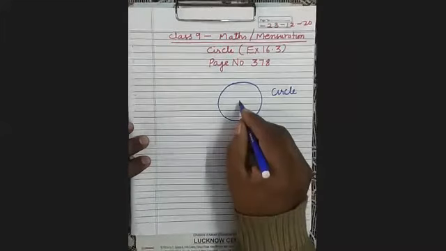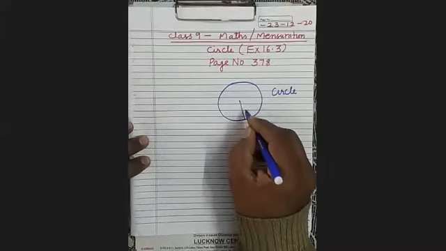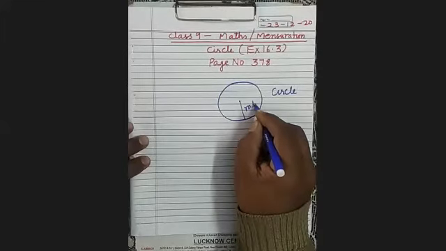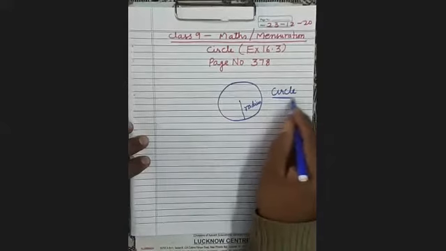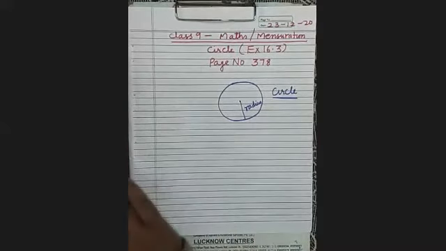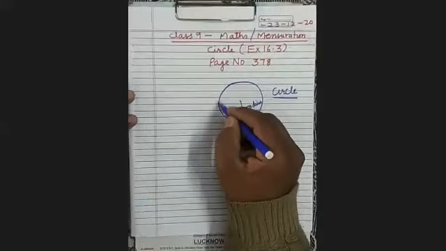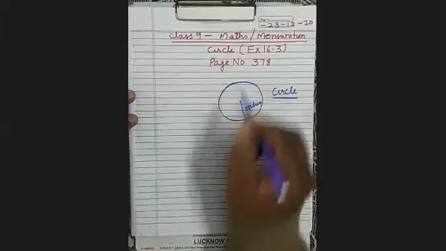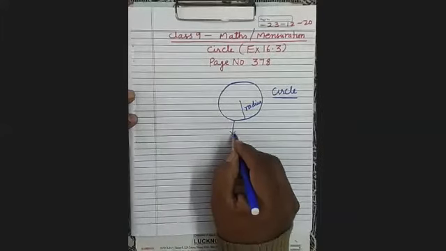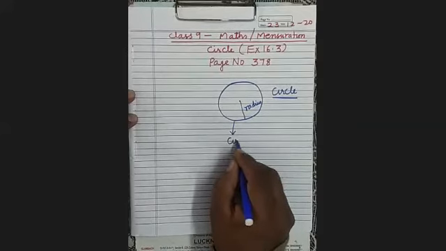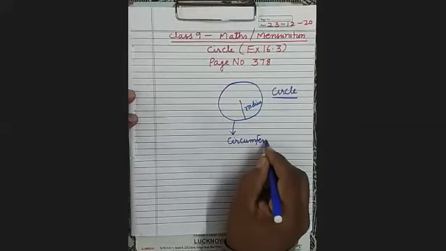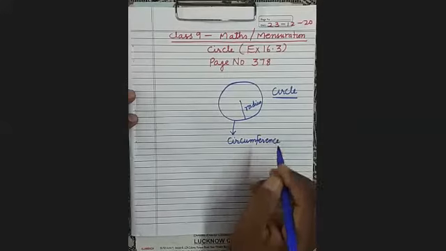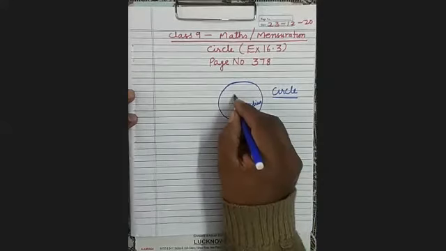And this is called the radius. This diagram, this plane figure is called the circle. Now see here. This boundary of the circle is called the circumference. This is center.